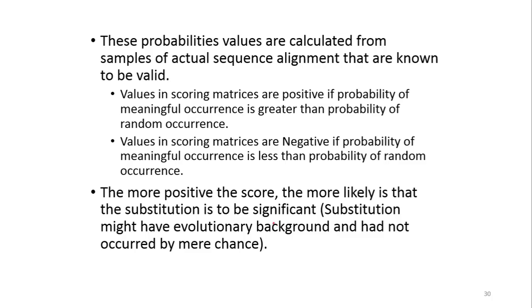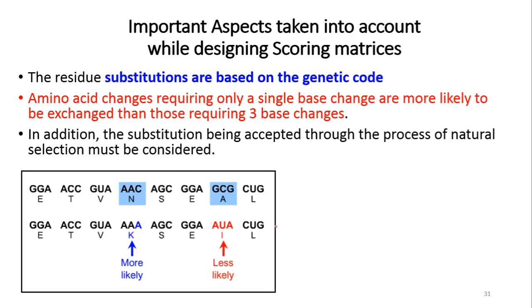Okay, now besides probabilities and log odds calculation that I have shown you, there are several other aspects that need to be taken into consideration while designing such scoring matrices. For example, the residue substitutions that you would consider while aligning two sequences are based on the genetic code.